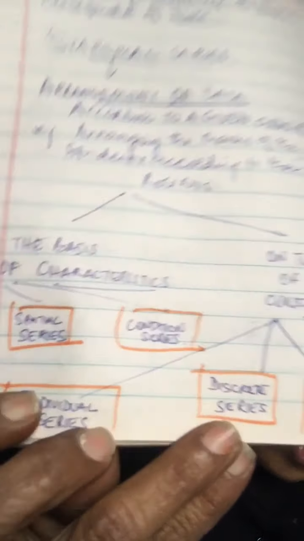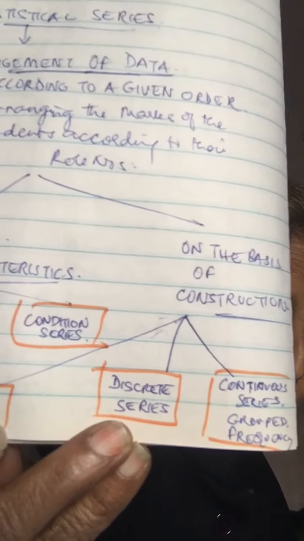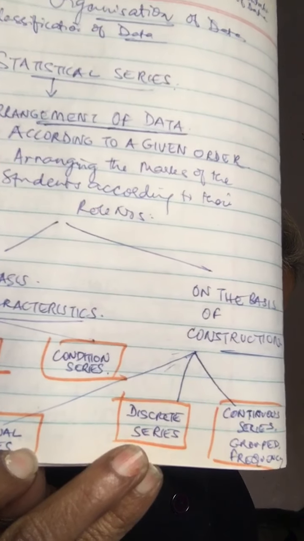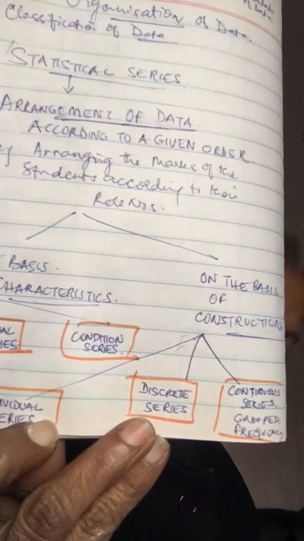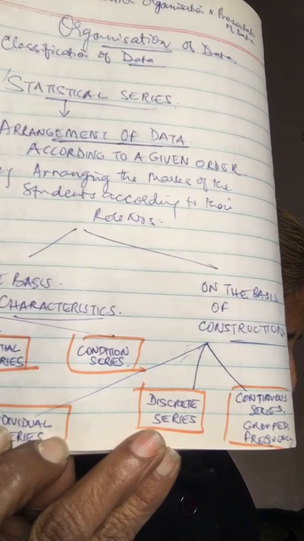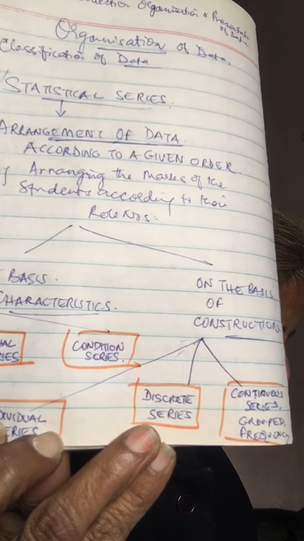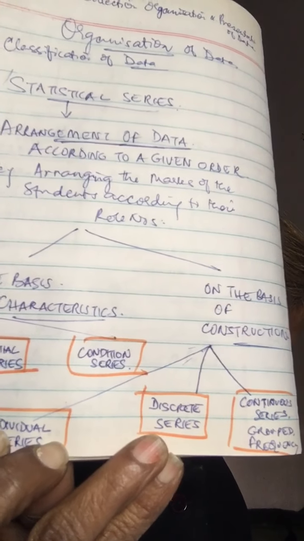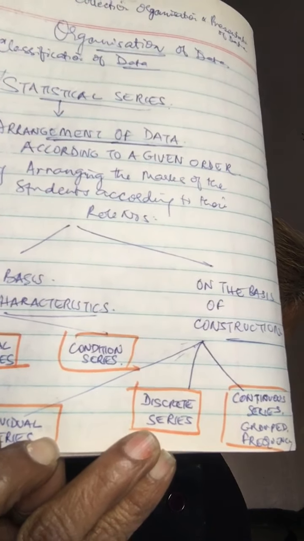And now, what we are going to talk about is on the basis of construction. So we have what is known as individual series, we have discrete series, and we have continuous series. So individual series is what?